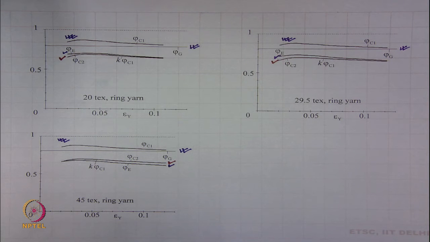So, what we see here is that phi subscript C2 is very close to the experimental result.